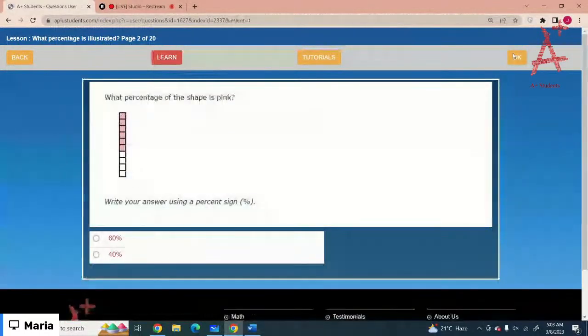What percent of the shape is pink? So which is the correct option? 60% or 40%? Very good, 60%. The total is 10 out of 10, 6 of them are colored, so it would be 60%. Very good.